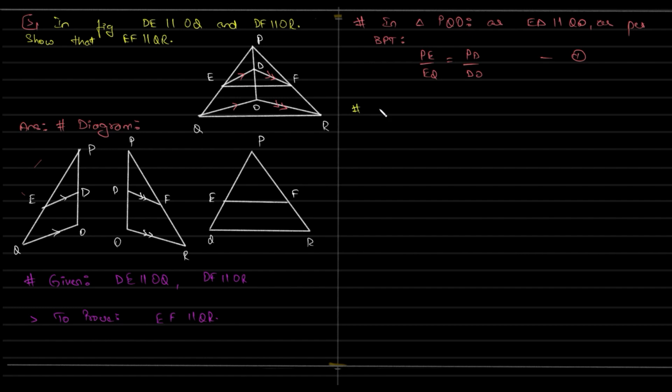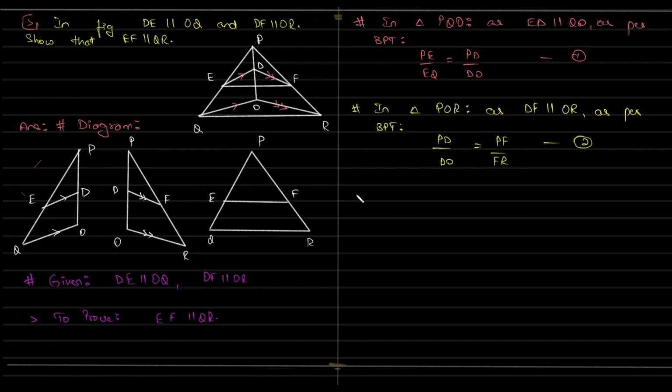Next, in triangle POR, as DF is parallel to OR, as per BPT, we can tell that PD by DO is equal to PF by FR. All this is quite simple. We're just writing, nothing else.